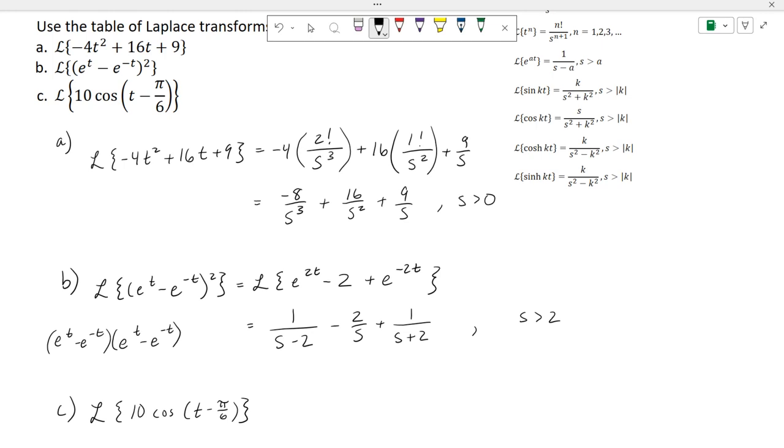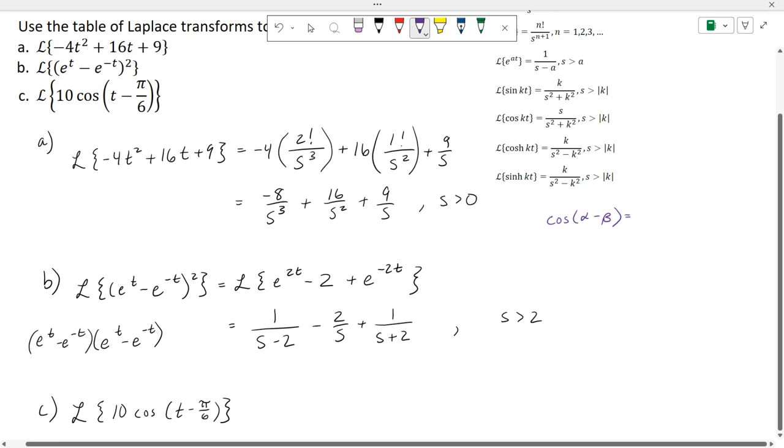So I'm actually going to use a trig identity to help me out on this one. And so the trig identity I'm going to use is cosine of alpha minus beta. I'm not going to worry about what the name of this one is, but I do want to be able to use this formula to transform that cosine of t minus pi over 6.